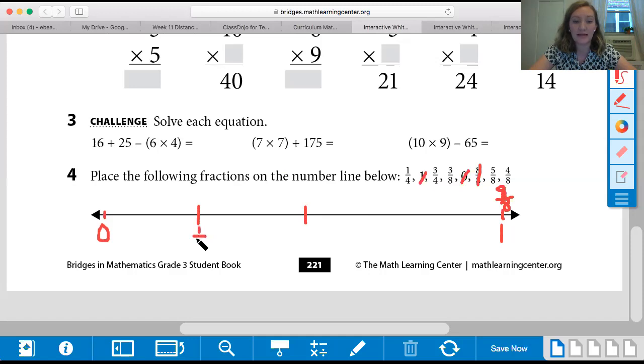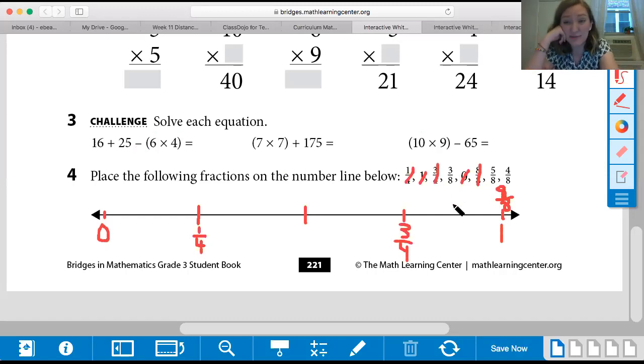You guys remember doing that in class together? This one must be 1/4. Nice. And 3/4, I remember, is halfway between 1/2 and 1. I'll put it right here. This is 3/4. Right? 1/4, 2/4, 3/4. 4/4 would be 1 whole. Great.